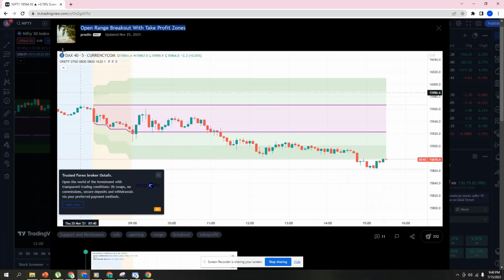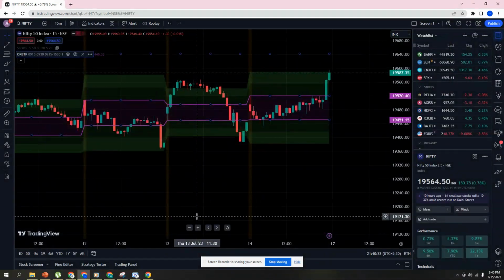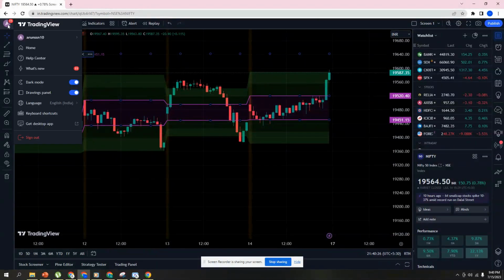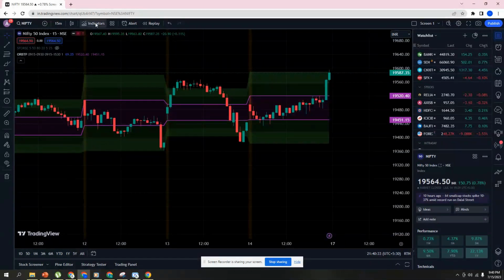Let me show you that. So go to the indicator, right? Log in with your mail ID, register with your mail ID and go to this indicator. Let me show you that.